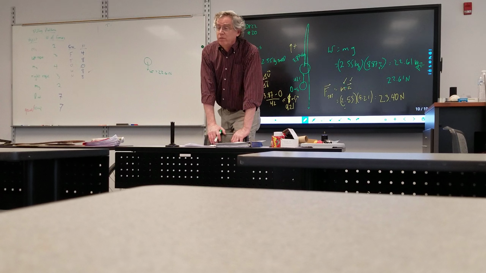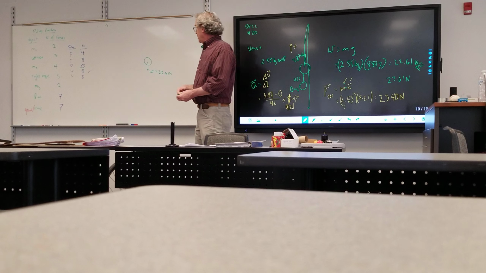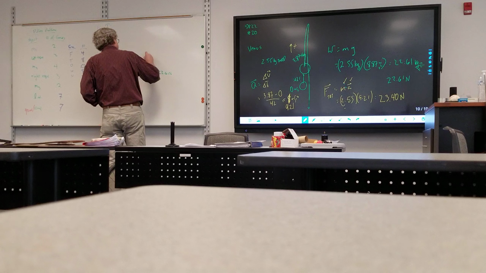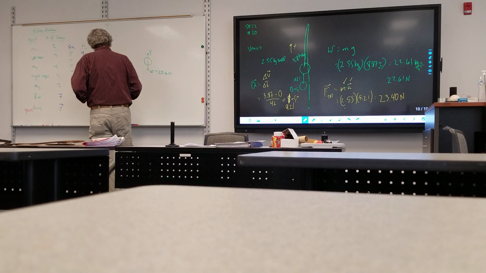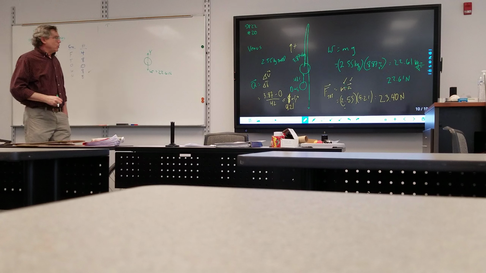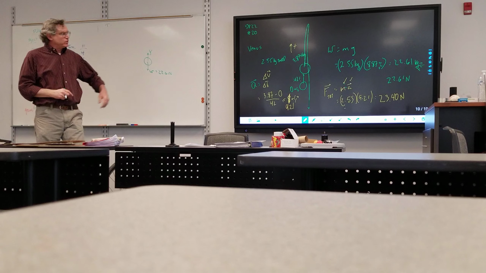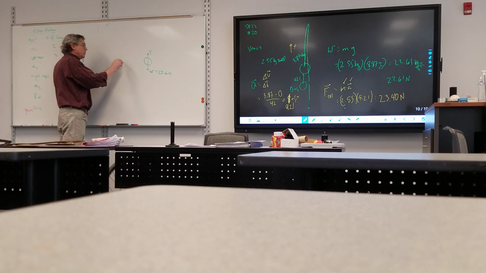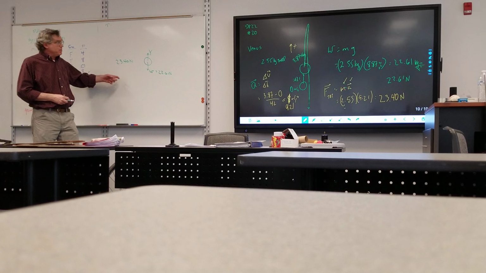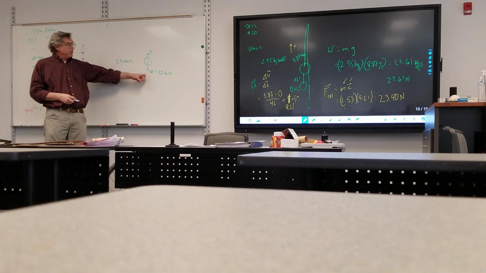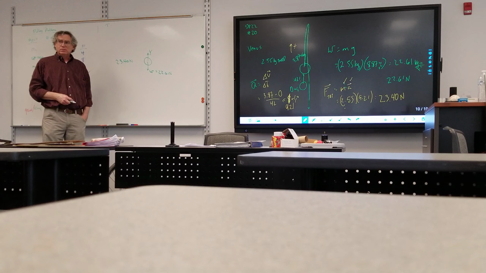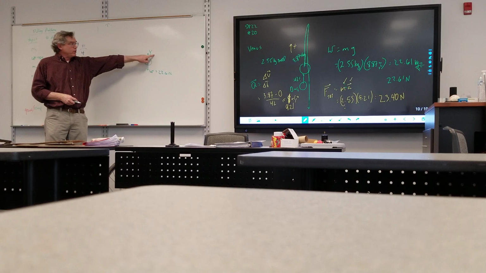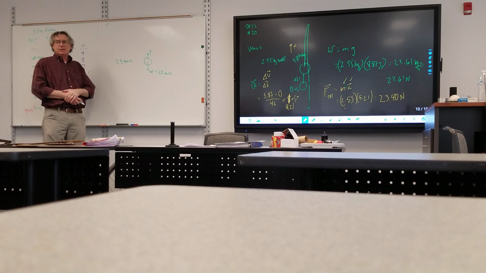Yeah, it's a normal force that the hand exerts on it. So I have a normal force acting up. So I know that the total force, that's what we just found out, is 23.4 newtons. That's my total force. I know that's got to be made up of this normal force acting up and this weight acting down. So what does this need to be so that the total is this?